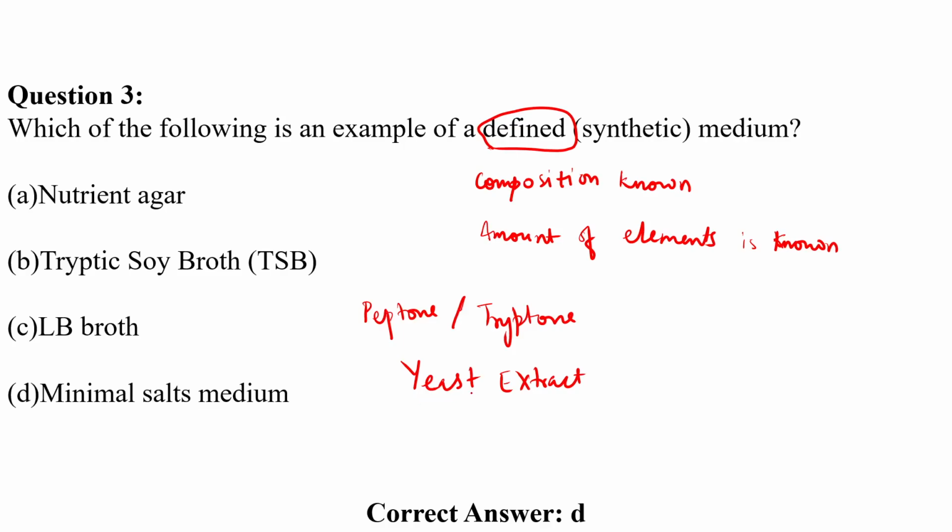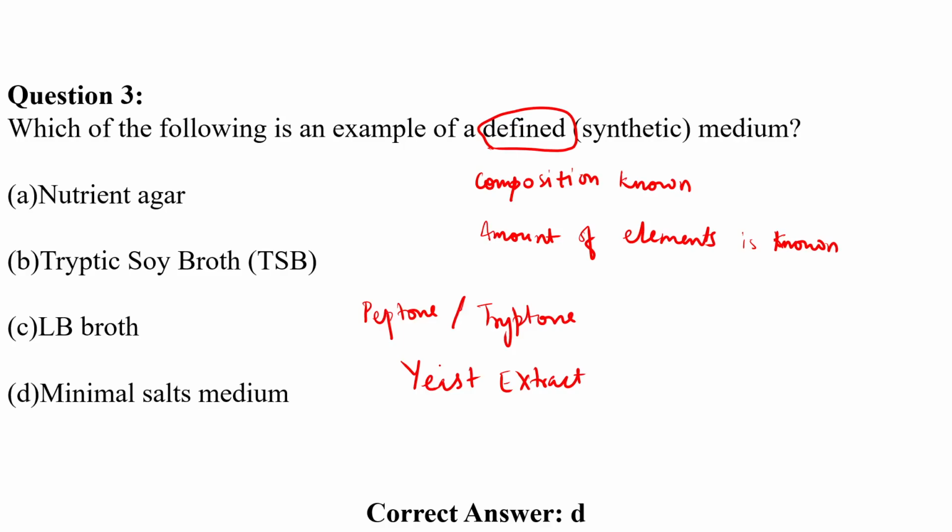Yeast extract, by the name itself, you can understand that it is derived from yeast. In very simple language, it's a paste of yeast. Since yeast has multiple growth factors and components present inside it, we can inactivate that yeast and get an extract out of it and use it in the growth medium.